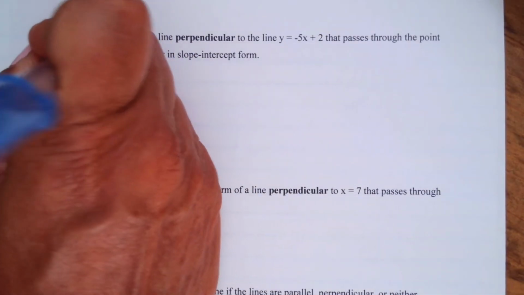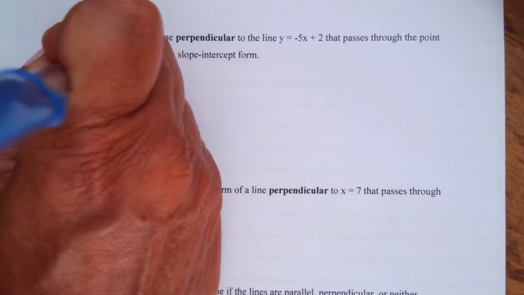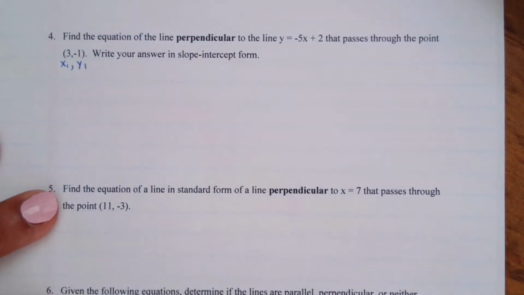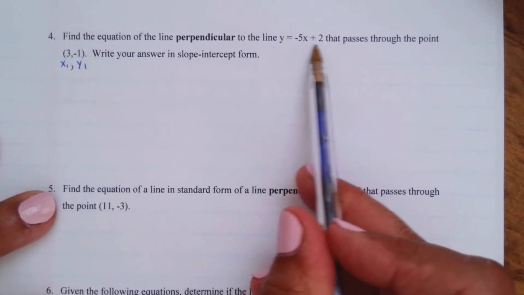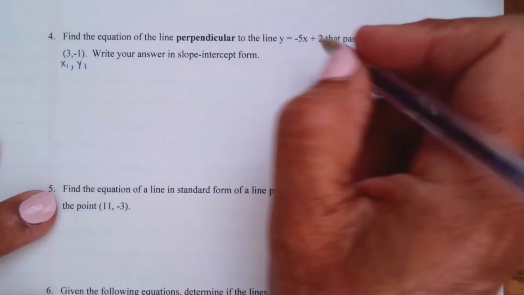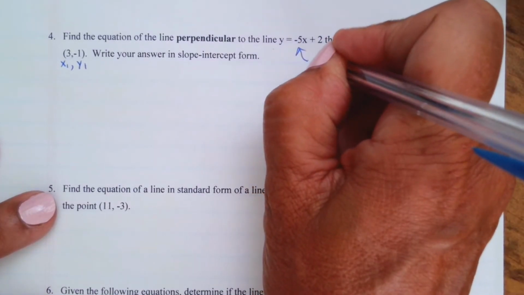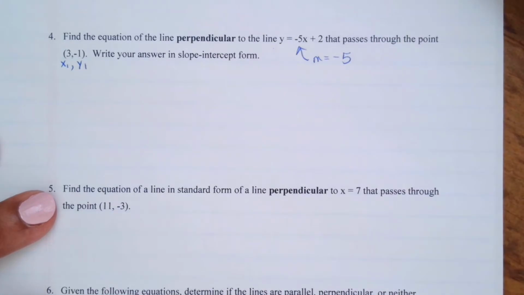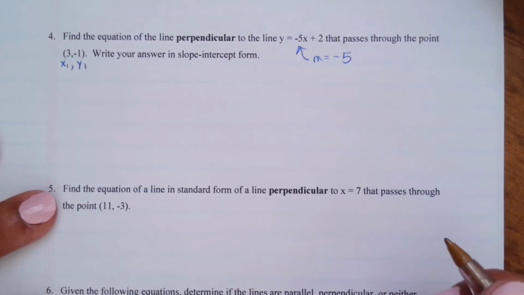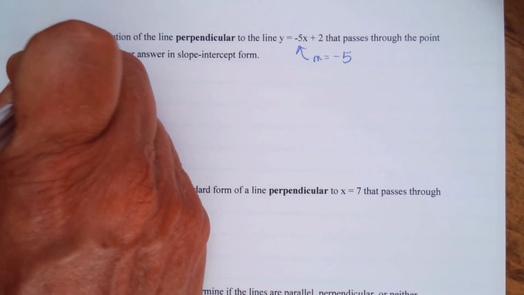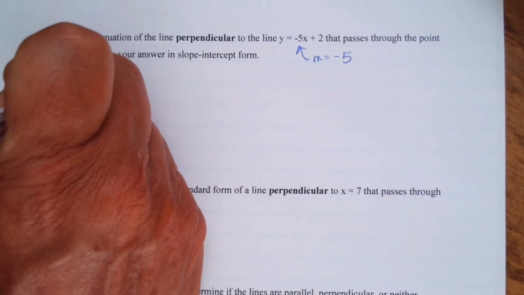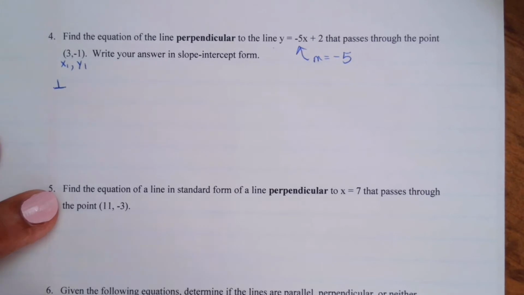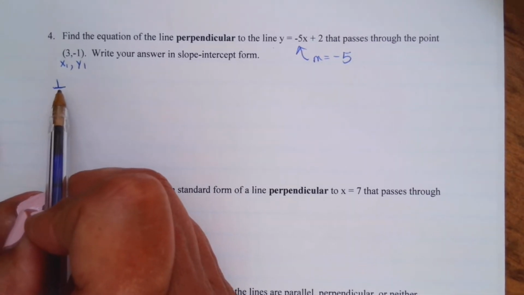All right, so here's my point, x1, y1. Okay. Now, my line has to be perpendicular to this line. So the slope of this line is negative 5, right? That's the slope. So my slope has to be perpendicular. So I'm going to use this upside down T in math. That's perpendicular. That's the symbol for perpendicular.